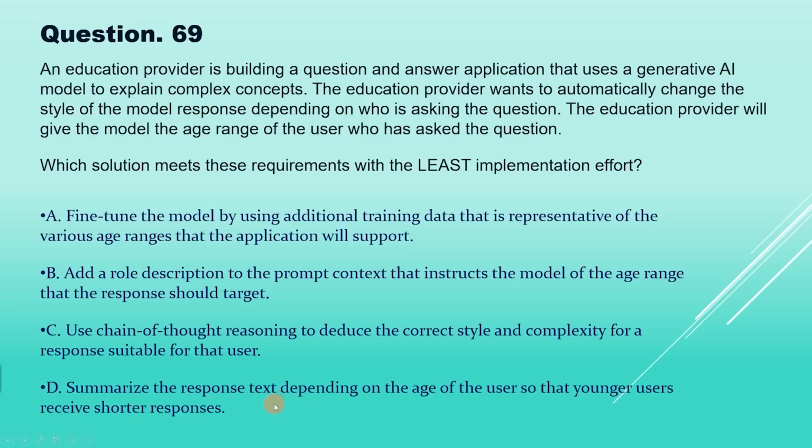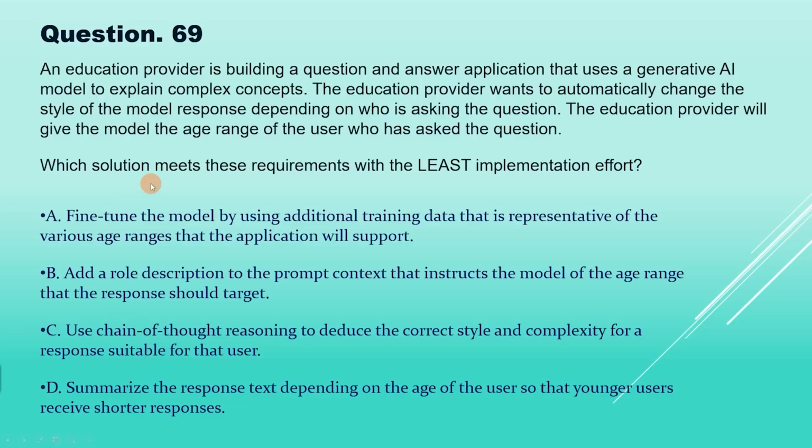Option D, summarize the response text depending on the age of the user so that younger users receive shorter responses. Take your time to guess the answer. Please pause the video if you need more time. I am going to reveal the correct answer.